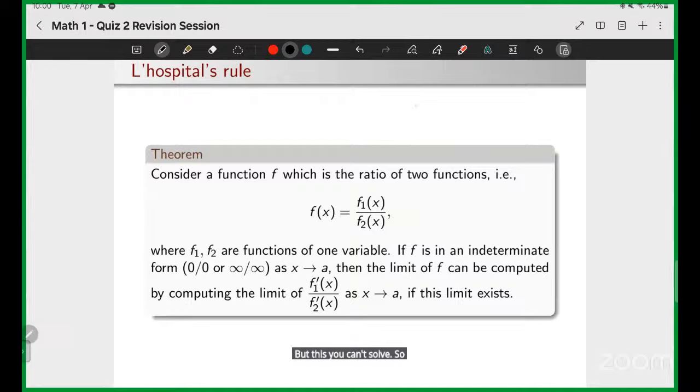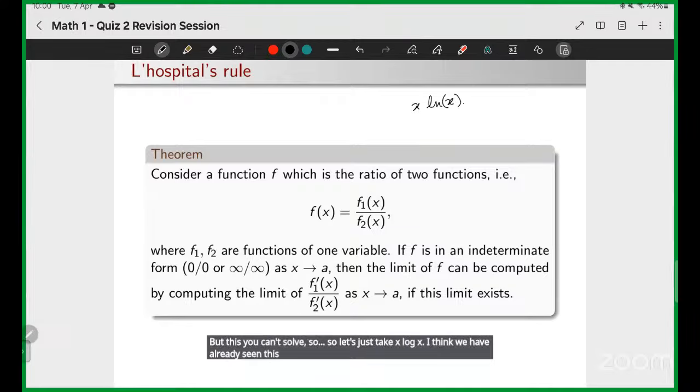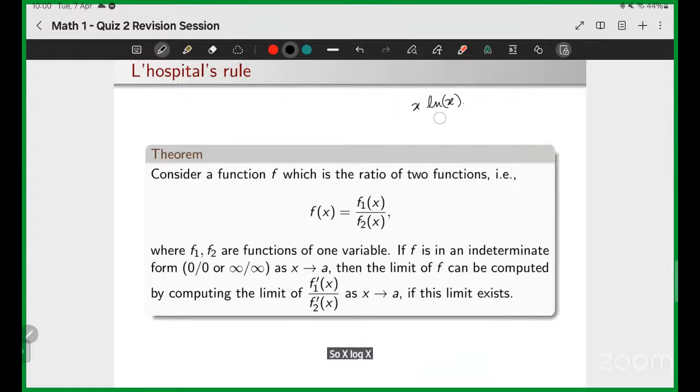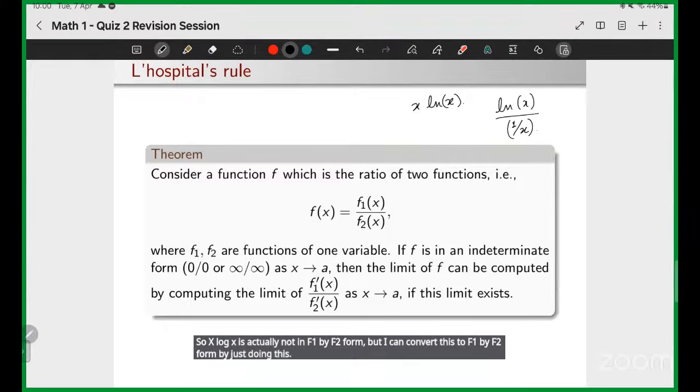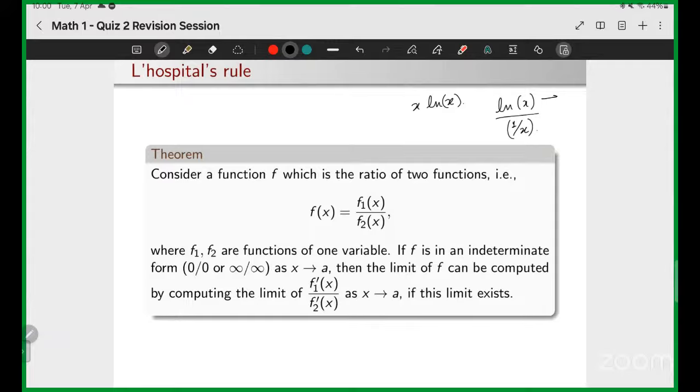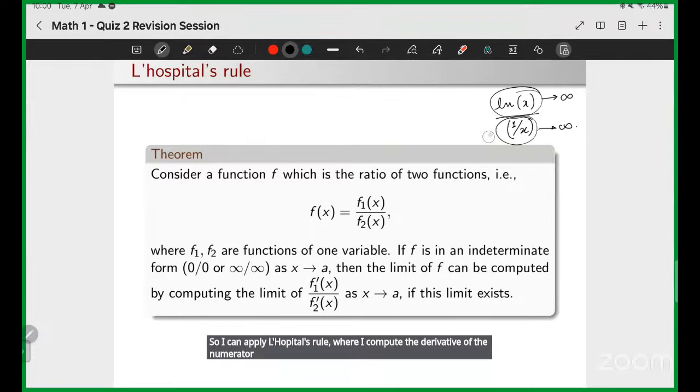So let's just take x log x. I think we have already seen this, but let's do this again. So x log x is actually not in f1 by f2 form, but I can convert this to f1 by f2 form by just doing this. Right, this goes to infinity. This also goes to infinity. So I can apply L'Hopital's rule where I compute the derivative of the numerator and the denominator separately.